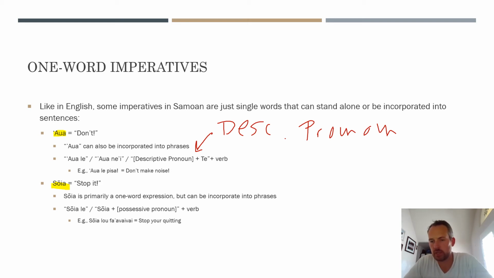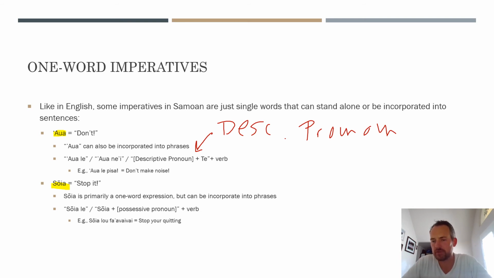If a mom was talking to her two kids, she might say awa lua te pisa. And lua is just the descriptive pronoun for you two. And if she was talking to three or more kids, she would say awa to te pisa. Awa to is the descriptive pronoun for you guys. Te pisa. Te is just the present tense marker in that particular sentence structure.